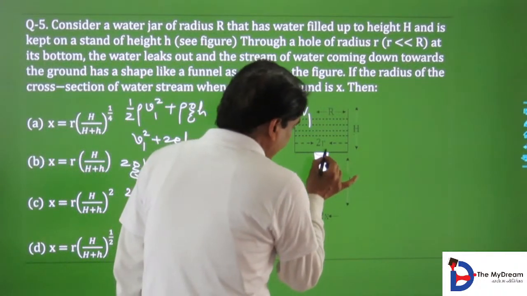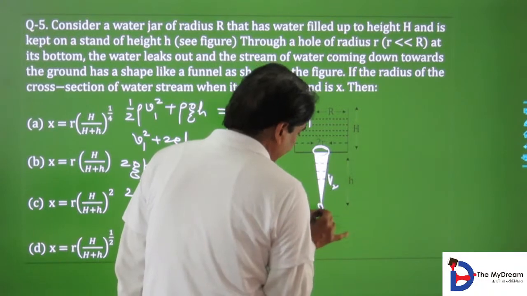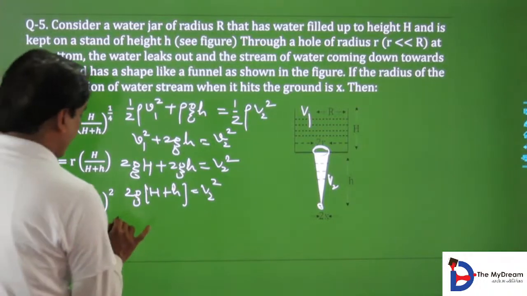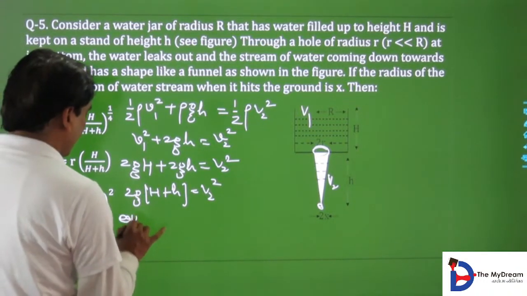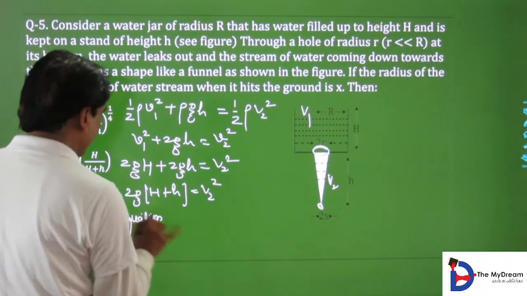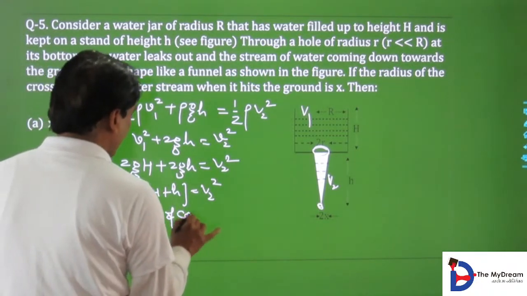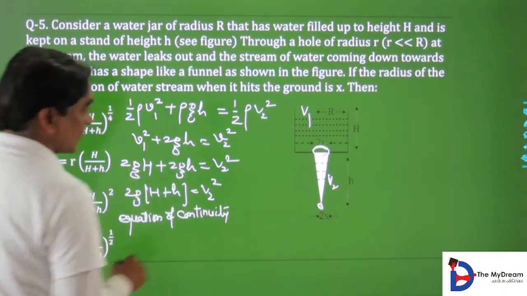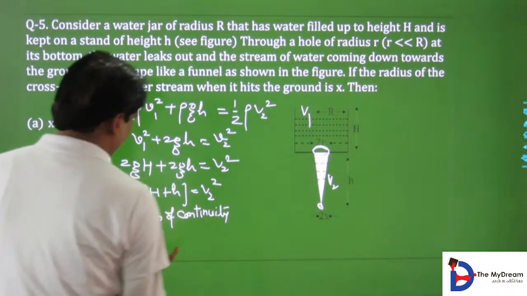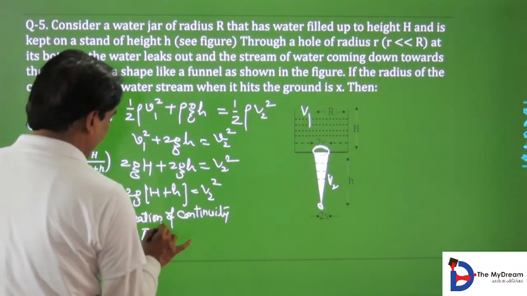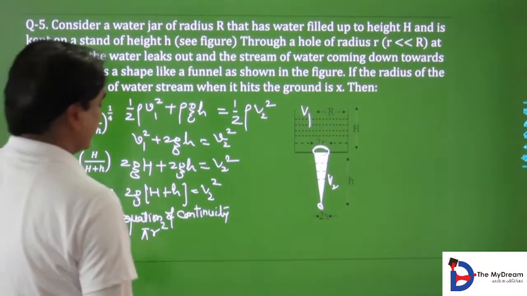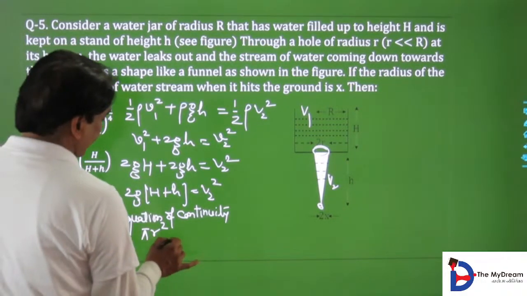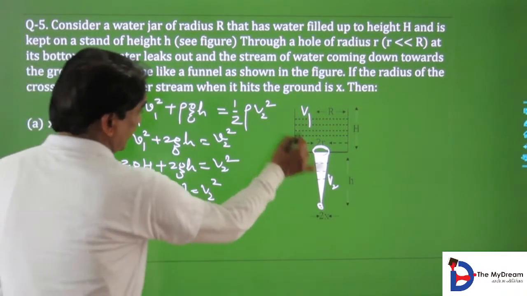We follow the equation of continuity from this level to this level. So, according to the equation of continuity, area that is pi r square, because the radius is small, velocity is v1.